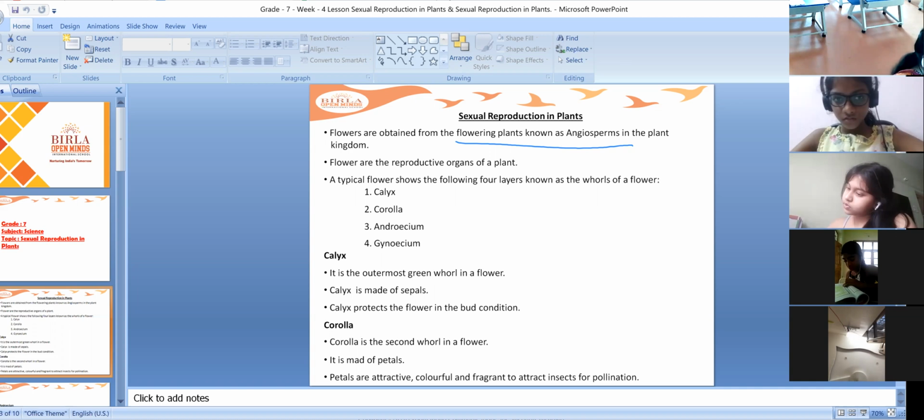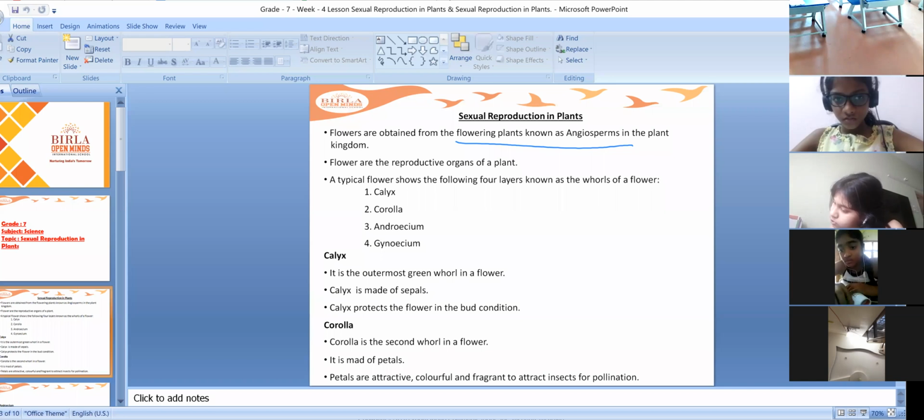Coming to calyx, children, calyx is the outermost green whorl in a flower. At the bottom, you can find this calyx, the outermost green whorl in a flower.